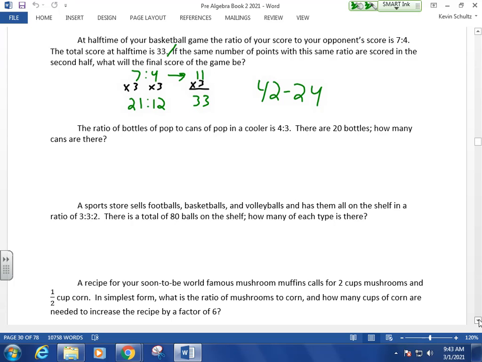The ratio of bottles of pop to cans of pop in a cooler is 4-3. So bottles of pop to cans of pop is in a ratio of 4-3. There are 20 bottles. How many cans are there?